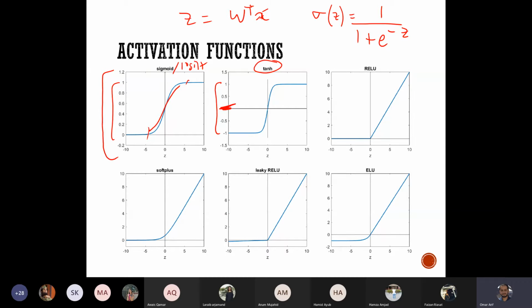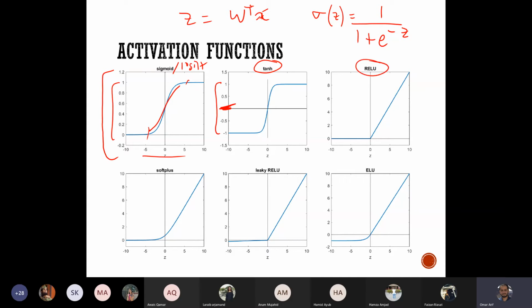So depending upon the application, depending on what you're doing, classification, regression, tanh can be used. We are going to discuss that later on when we discuss some practical matters, how you decide what activation function to use. But right now, we can go with sigmoid or any one of these.